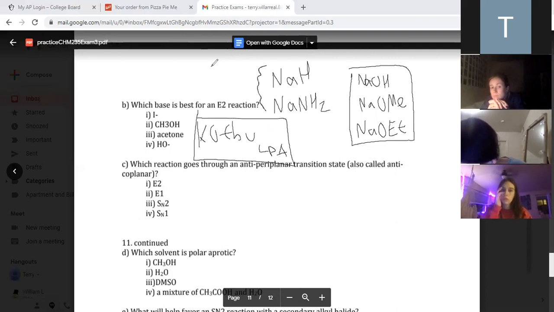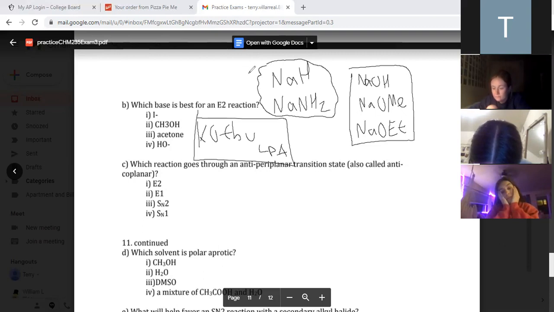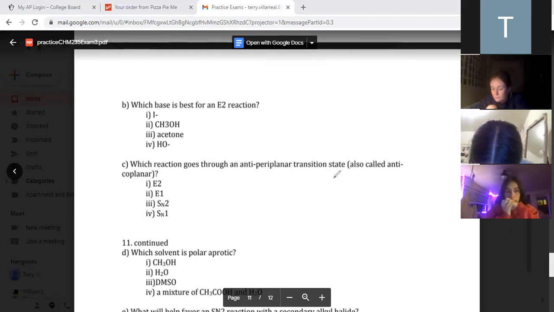These ones are usually for alkynes or alcohols, but you can use them for E2, and those are strong bases. So those are the 7 that you should keep in mind. You guys have them written down? Okay. Question C. Which reaction goes through an anti-periplanar transition state, also called anti-coplanar?